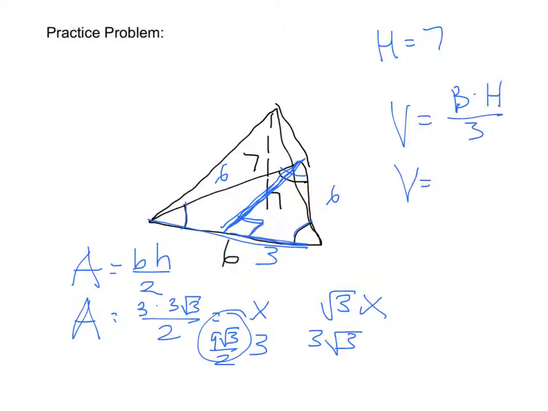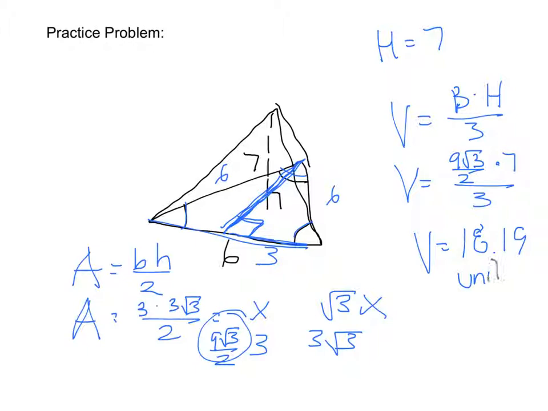And so we have 9 root 3 over 2 times 7 over 3, and your best bet is plugging that into your calculator, and you're going to end up with 18.19, and that's going to be units cubed.